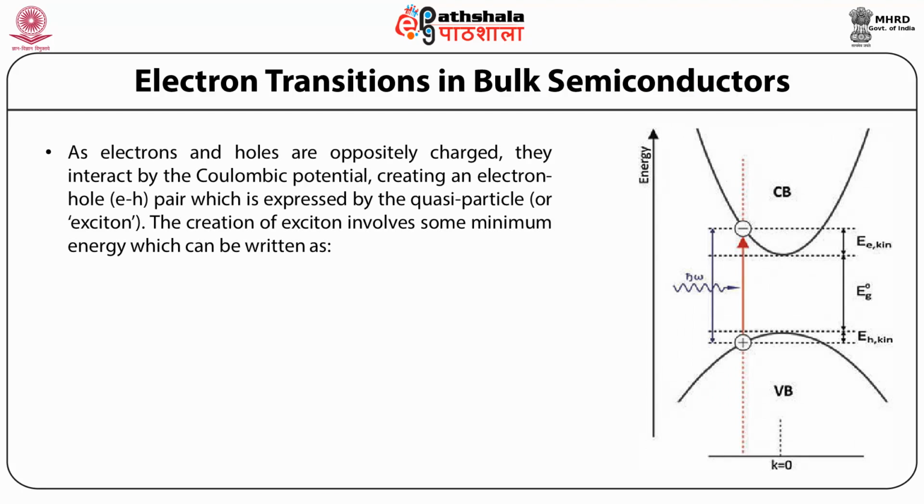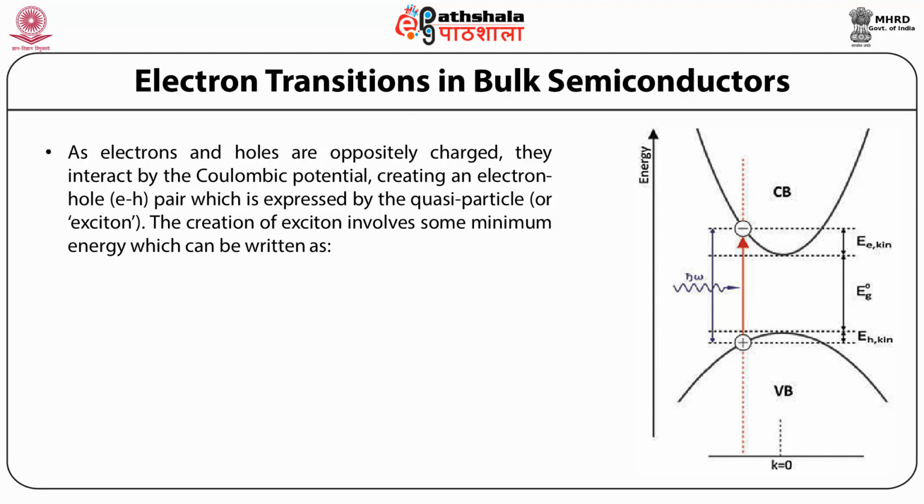So, as the electrons and the holes are oppositely charged, they interact by the Coulombic potential, creating an electron-hole pair, which is expressed by the quasi-particle or exciton.